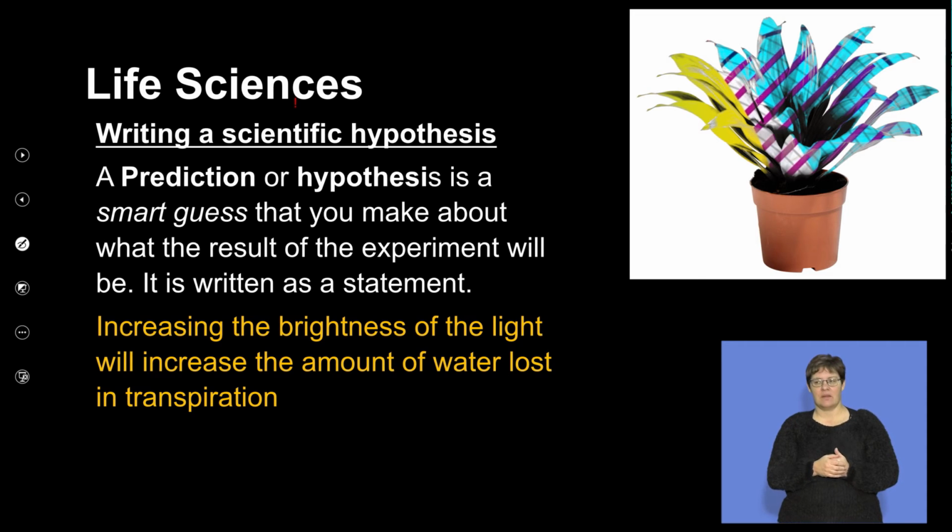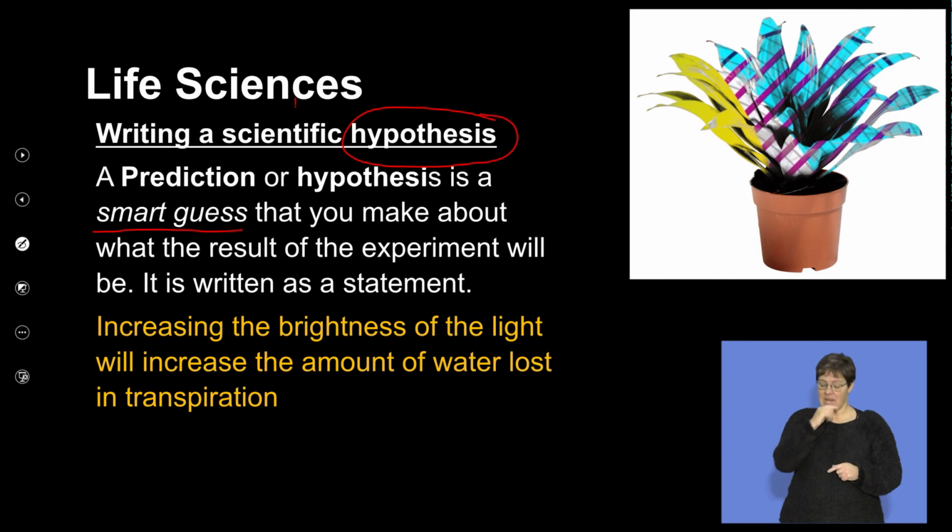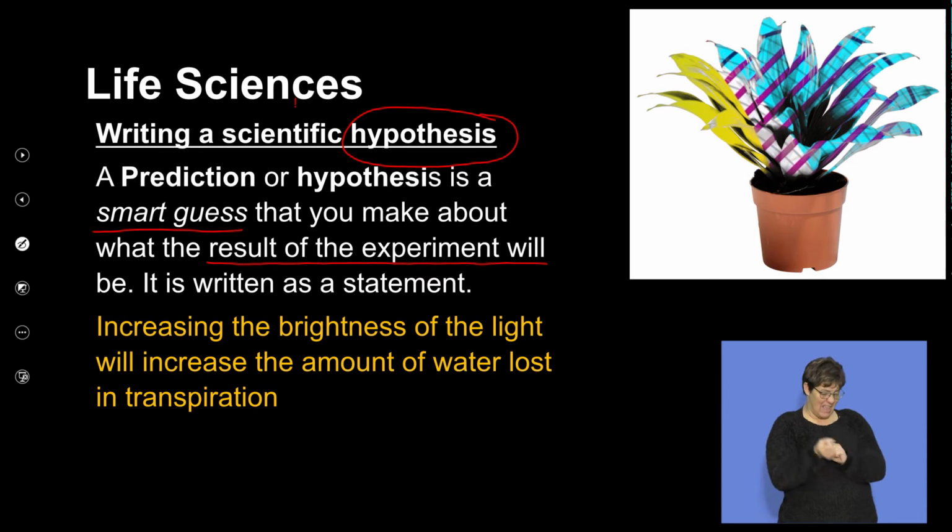Okay, so we're looking at a hypothesis here, and it's a smart guess. Doesn't have to be smart. It can just be a guess, but it's you or the scientist thinking about what the result of the experiment will be. And it's always written as a statement. So, for example, our boys, if they wrote their hypothesis, they would say, right, increasing the brightness of the light.